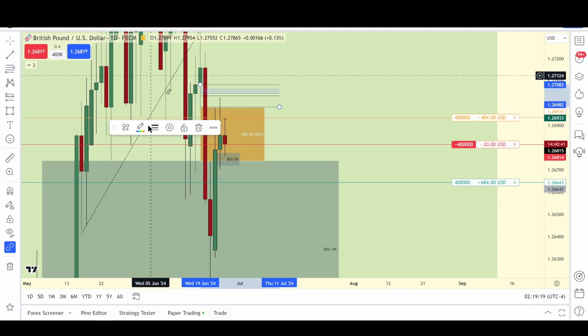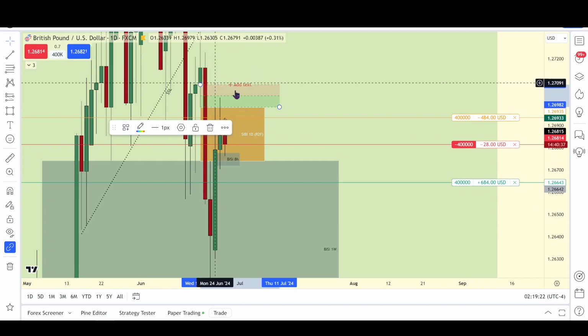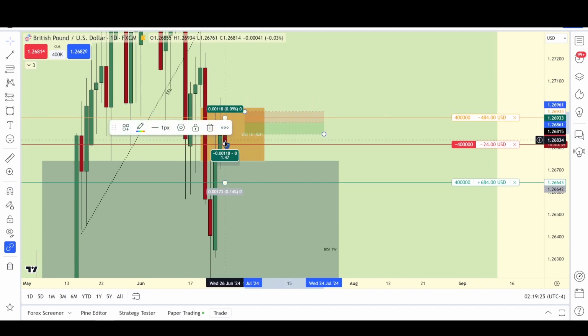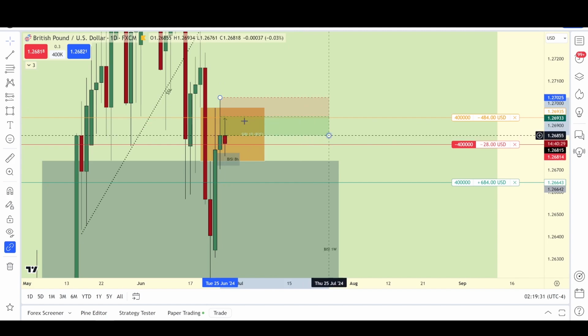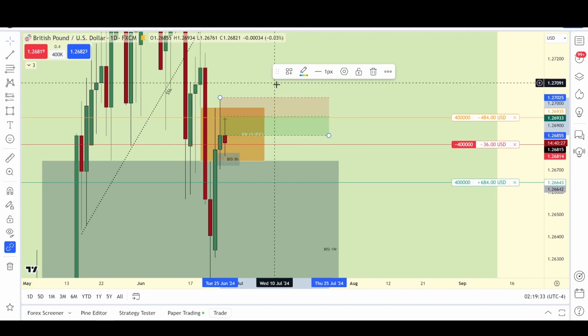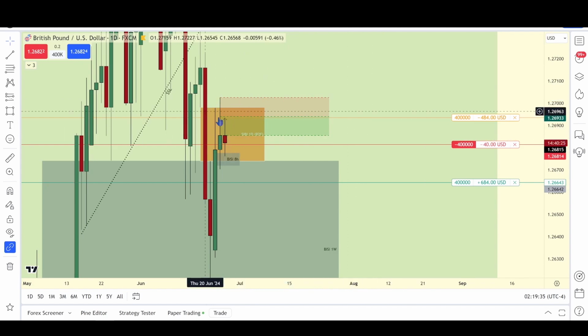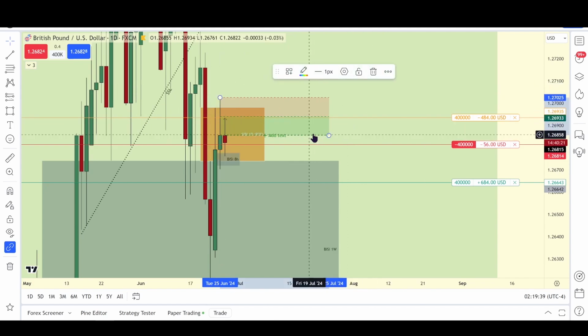And the next day, today actually, we saw price come into around the consequent encroachment of the previous day's wick. Okay, and they're both below the midpoint, so I'm led to believe we can go lower, and I'll show you where.